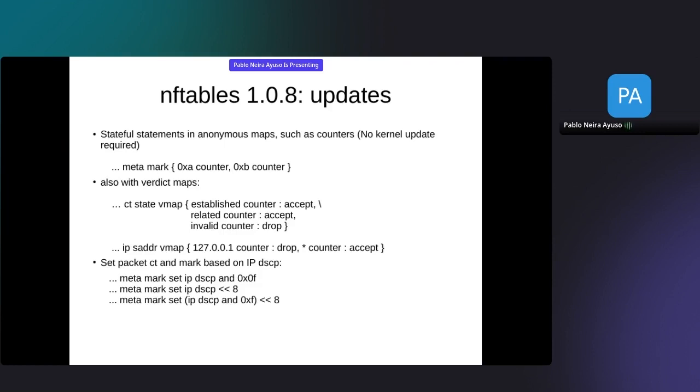We have started with a limited subset, and specifically one common use case that has been requested by users is the ability to set packet mark based on the IP DSCP field, and also perform some kind of bitwise operations on the DSCP field. This can be used to set the mark and ct mark based on a packet header field.